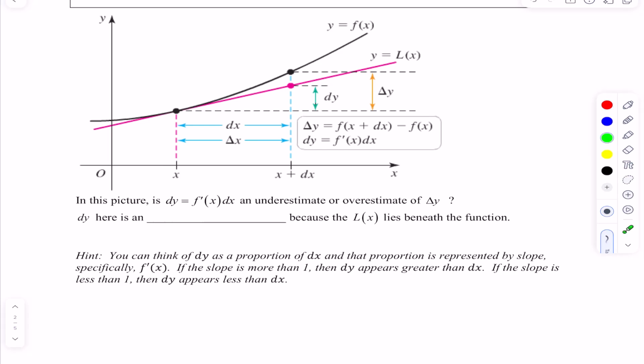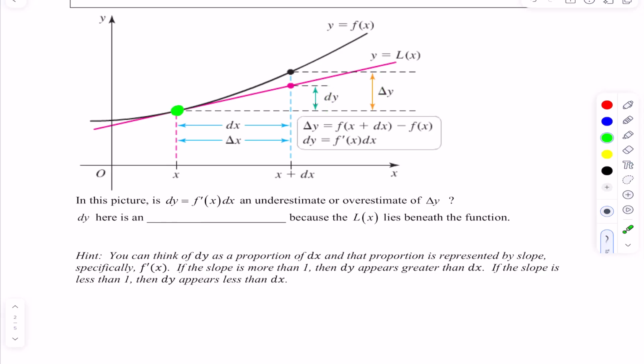We can see that delta x and dx are the same. However, dy is measured from the linear approximation, and dy is not the same as delta y.